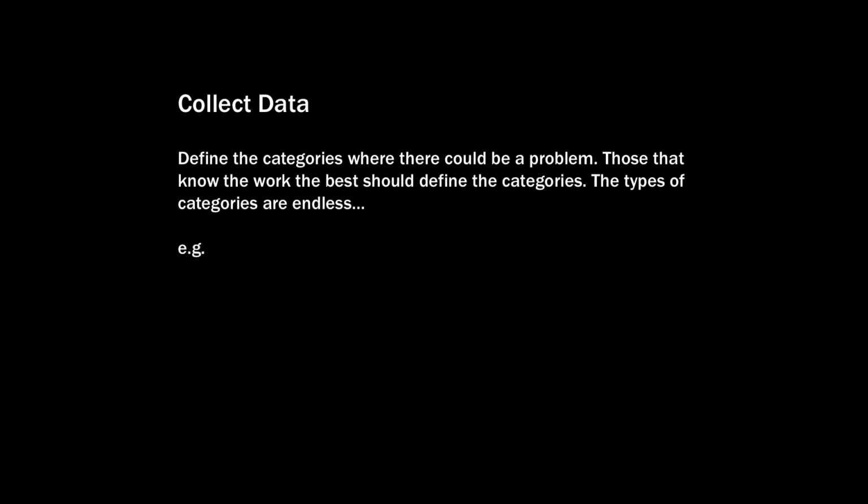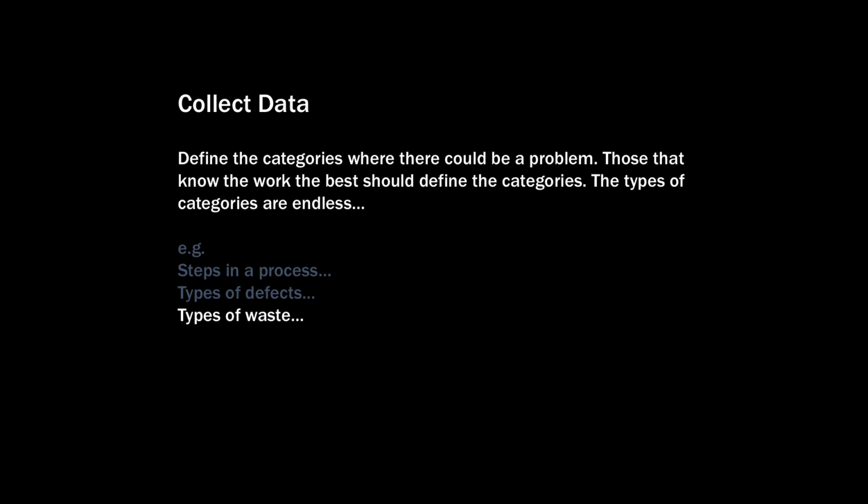Here are some examples. Categories could be steps in a process, for example. The categories you pick could be the type of defect. So in manufacturing, this could be, say, the raw material is created incorrectly, or the finishing on a certain material is improper.